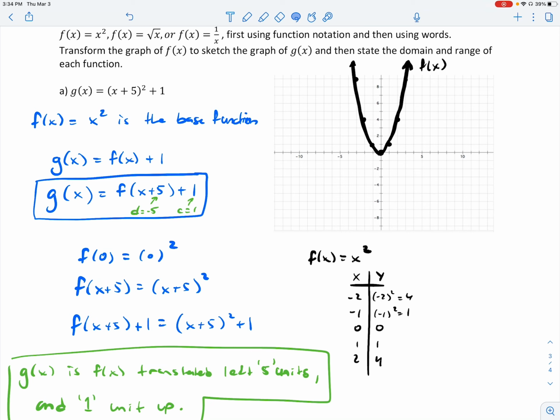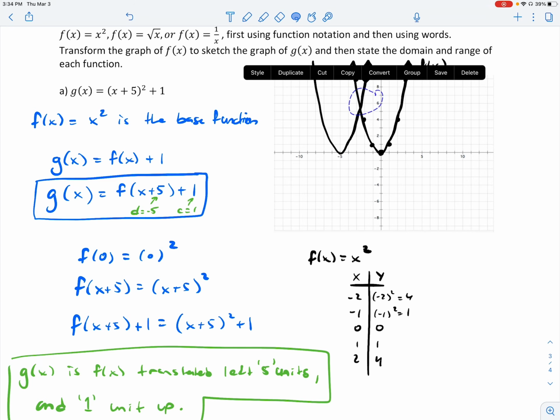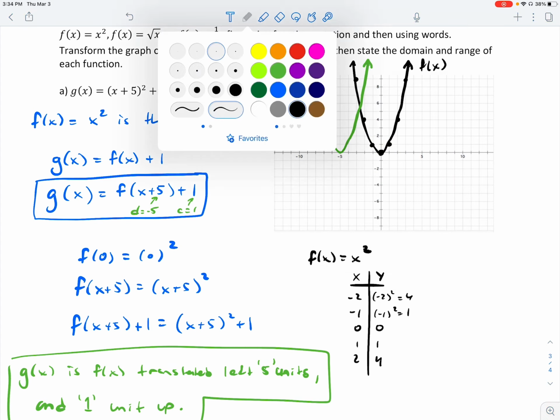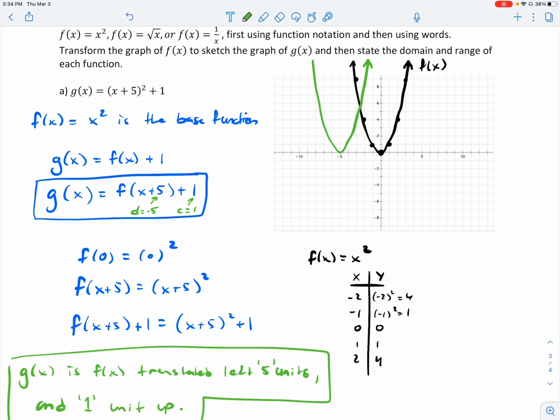So our first move, which we said in words, we said it translated left 5 units. Well, let's move this over to the left 5 units. And I'm going to change the color to green. So there's my graph shifted over 5 units.